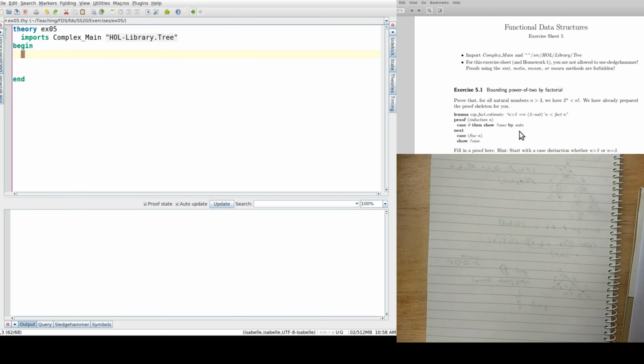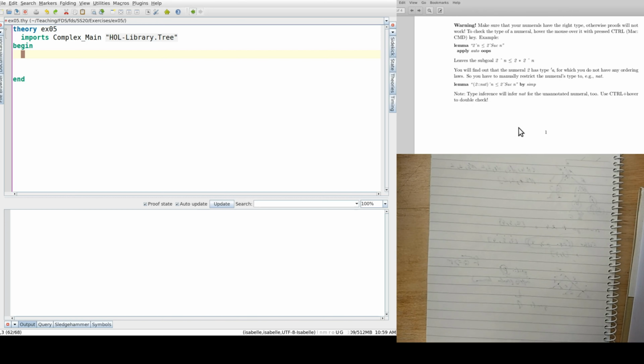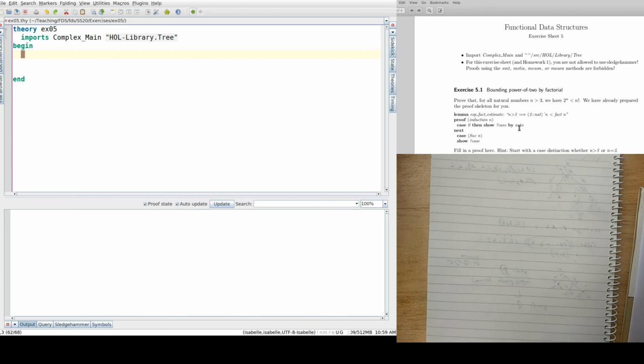Okay, so now the first exercise is we want to show that 2 to the n is always strictly smaller than the factorial of n if n is strictly greater than 3. So that proof will be by induction on the natural number, as shown in the sheet.